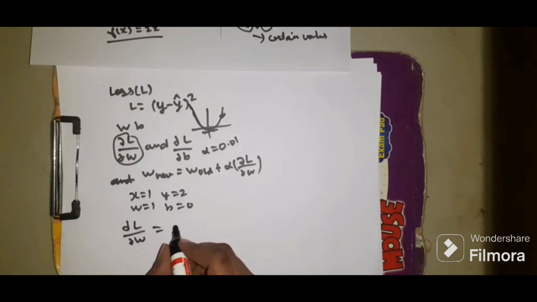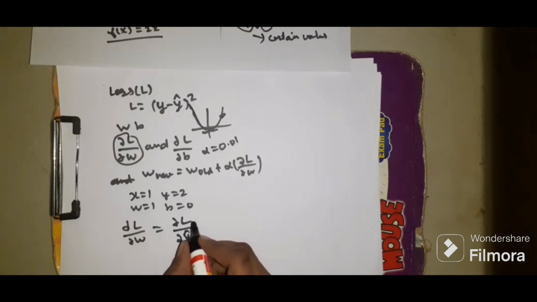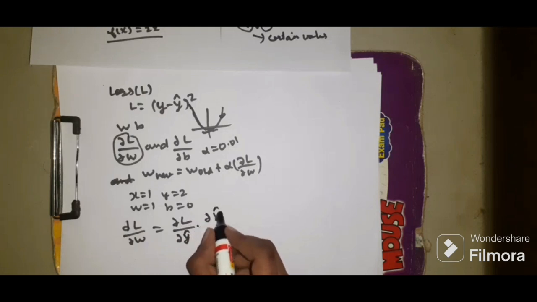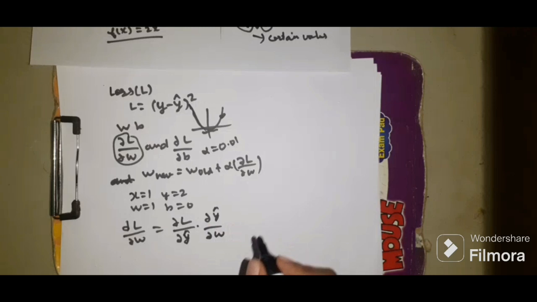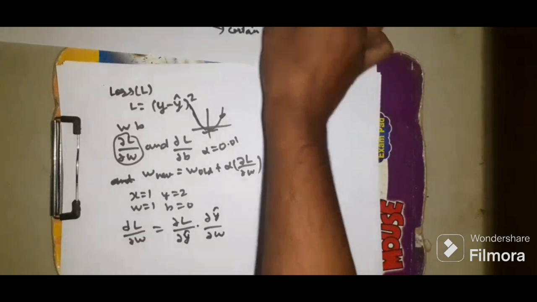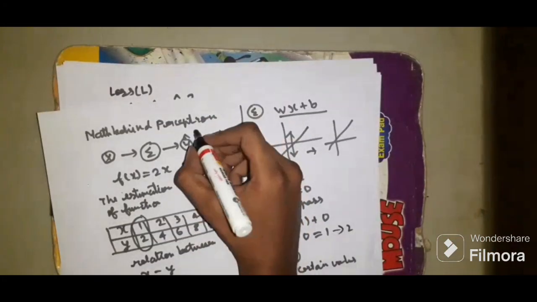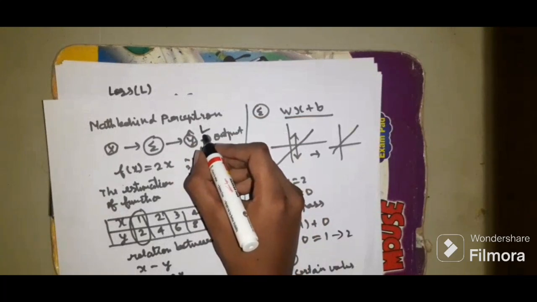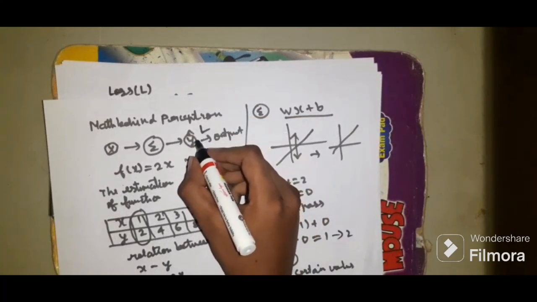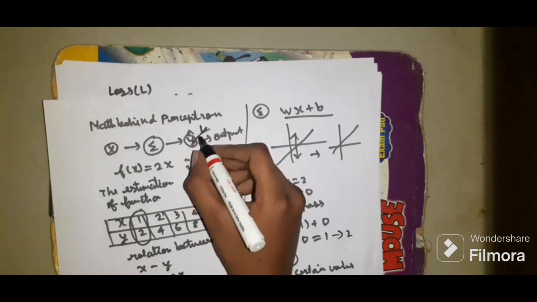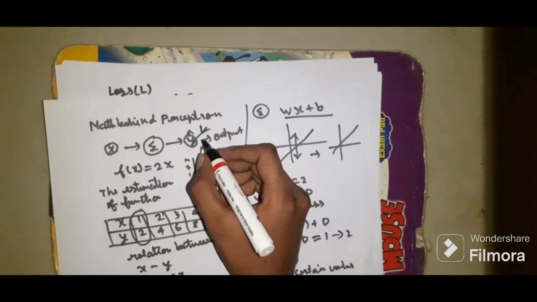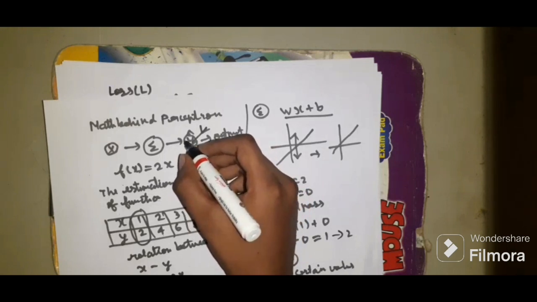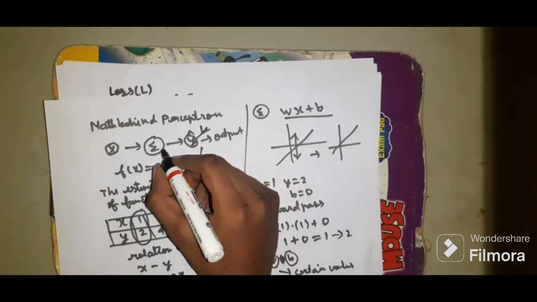The gradient of the loss will be del L by del y hat, and del y hat by del of the weight, because due to the chain rule we first calculate the loss, and we take the gradient over the predicted output, and we take it back to the weights.